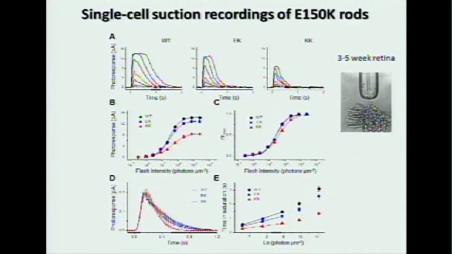We measured the function of E150K rods with single-cell suction recording. The mutant rods can sense light, but with a lower magnitude, mainly due to the shortening of the outer segment.